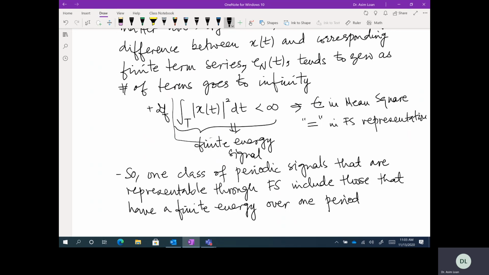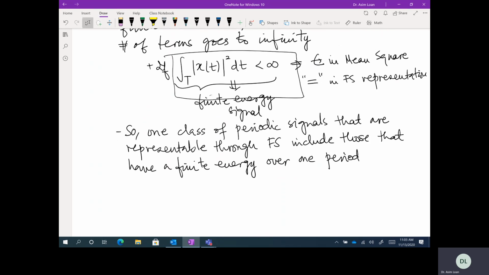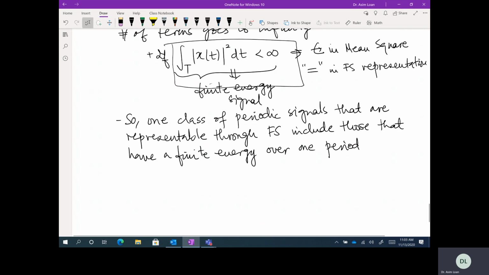So if you have an energy signal which has finite energy over one time period, then this will always converge in the mean square sense.